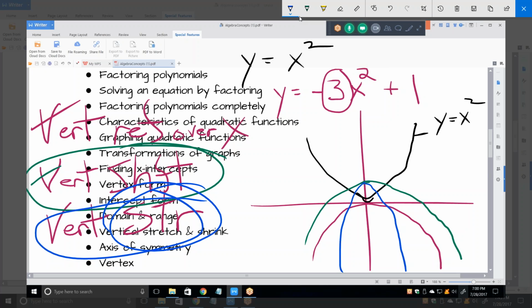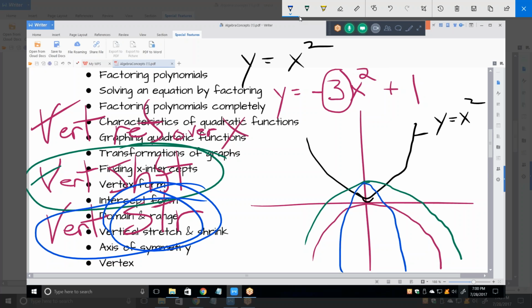Now, it doesn't matter what order you do shifts and stretches or shrinks in. What does matter is that you do all reflections first. Does it matter here? Let me think for a second. Yeah, it does.